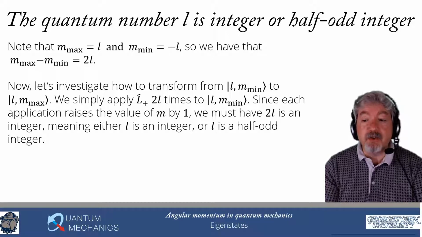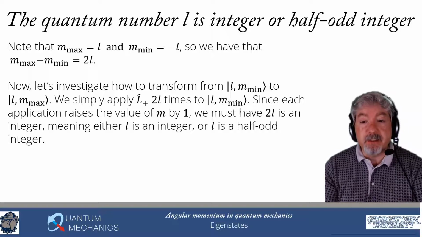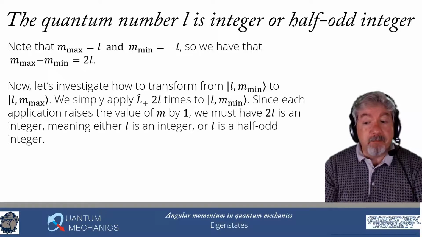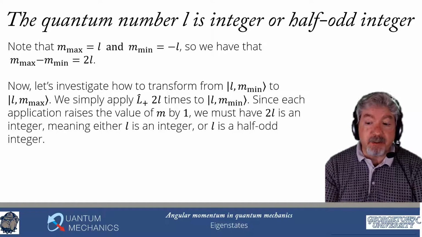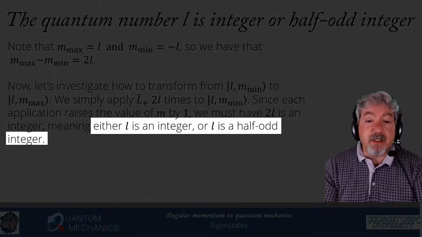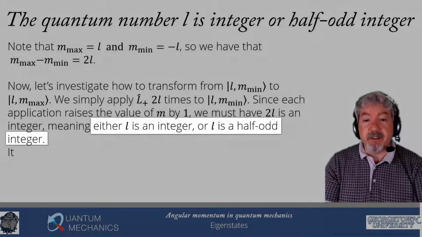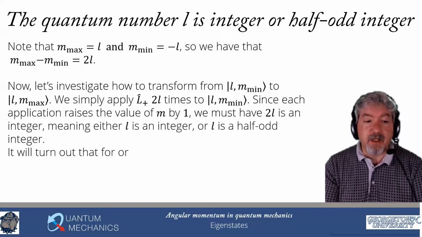We have to apply it 2L times because the difference between m_max and m_min is equal to 2L. But I can only apply this operator an integer number of times. That means 2L must be an integer. And if 2L is an integer, that means either L is an integer or L is a half-odd integer. And so that's how we establish that L is either an integer or a half-odd integer.